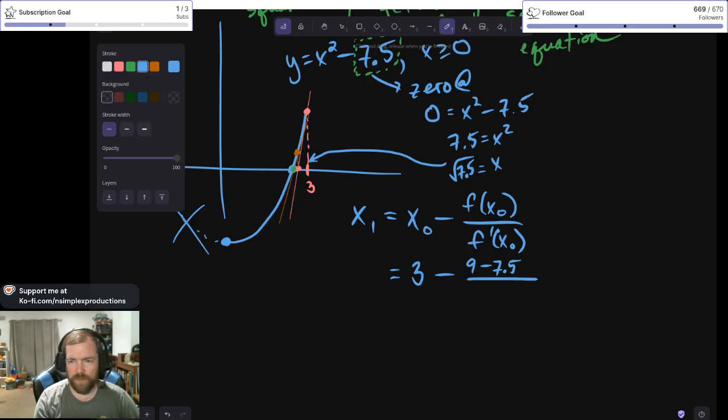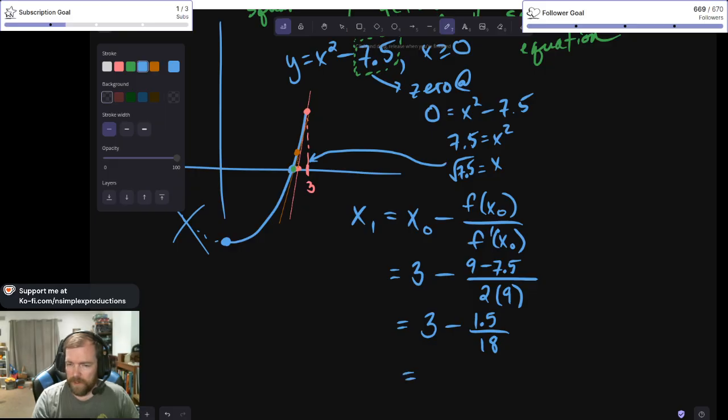Alright, so f prime in this case is just going to be, again, 2x. That's it. So this is twice our x value, which was 9. Okay, so we get 3 minus 9 minus 7.5 is 1.5 over 2 times 9 is 18.